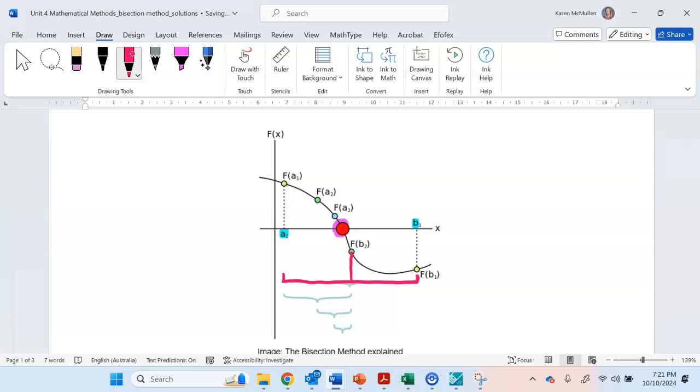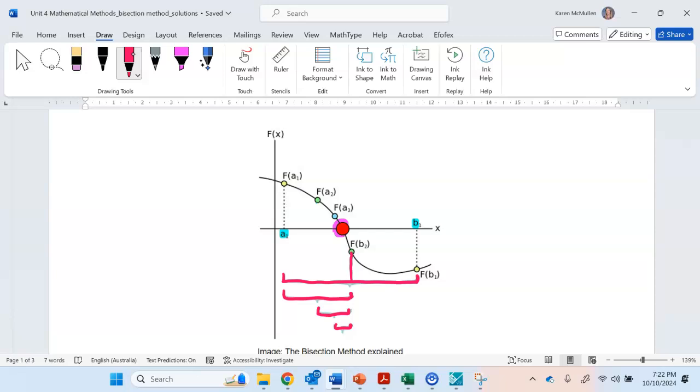And what we do with the bisection method is we keep decreasing that range of values by finding the midpoint. So then the next one we're going from A1 to B2, and then we're going from A2 to B2, and then we're going from A3 to B2, and that range gets smaller and smaller, and it means we're getting closer and closer to that x-intercept.